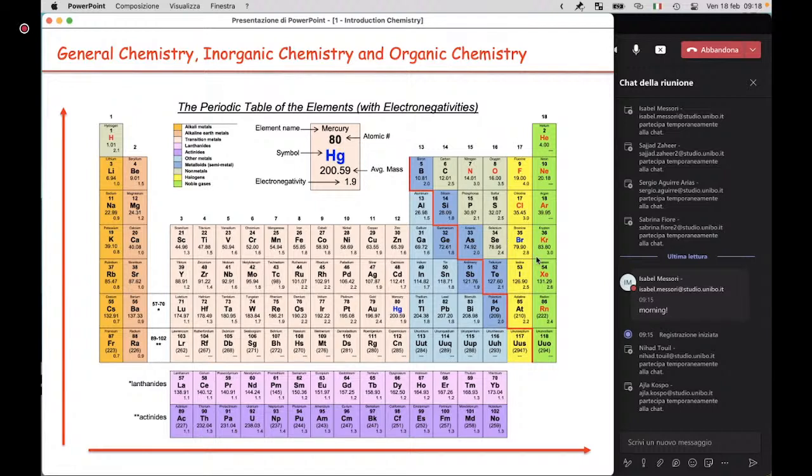So most compounds in organic chemistry will be covalent molecules, including mostly covalent bonds. Of course, we will have also ions, organic molecules that can be ionized, but the bulk of the molecule, most of the molecule, will include covalent bonds, where electrons are shared between couples of atoms.